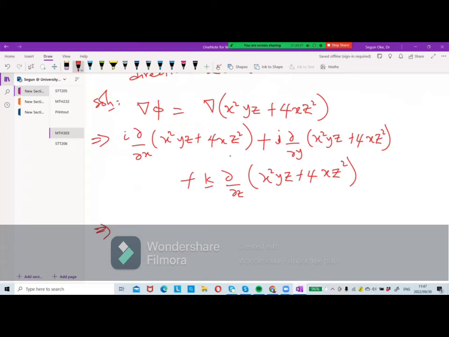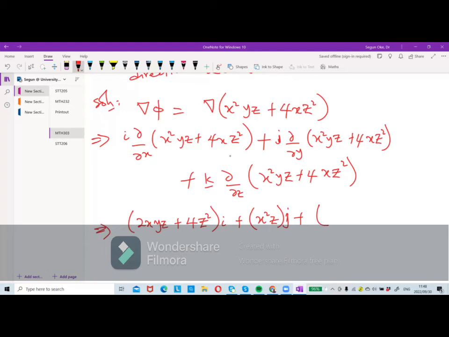Differentiate this with respect to x: I have 2xyz plus 4z squared. This is i. With respect to y, you have x squared z, that is j.